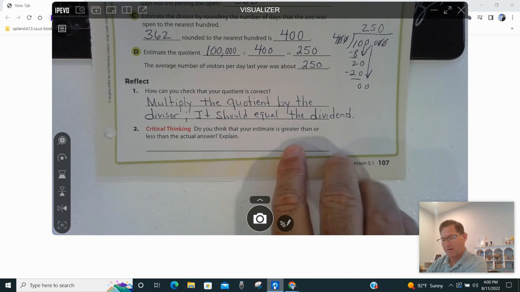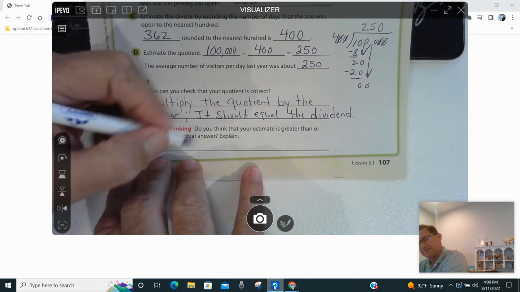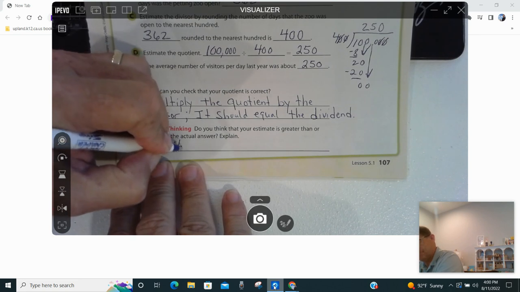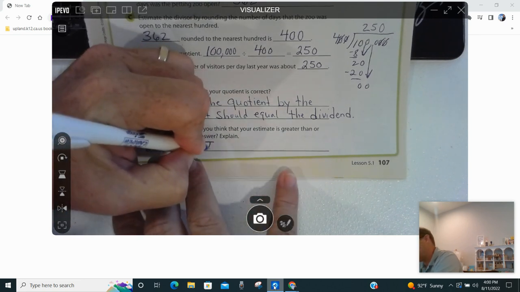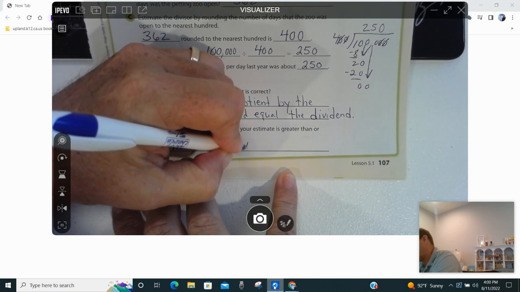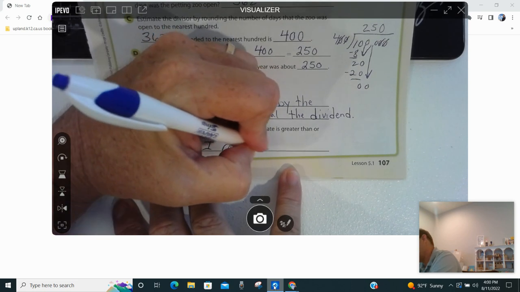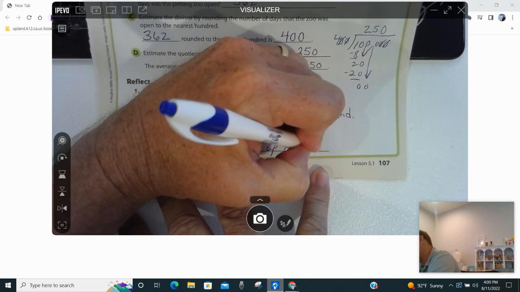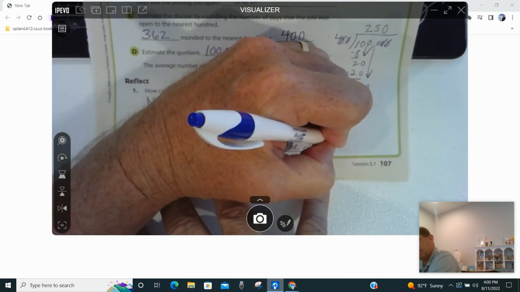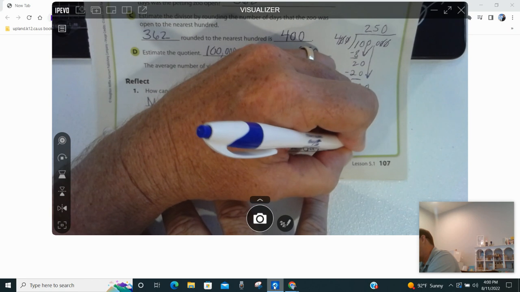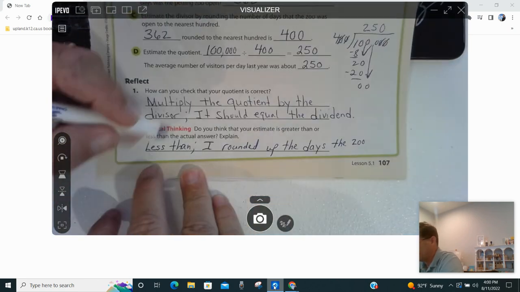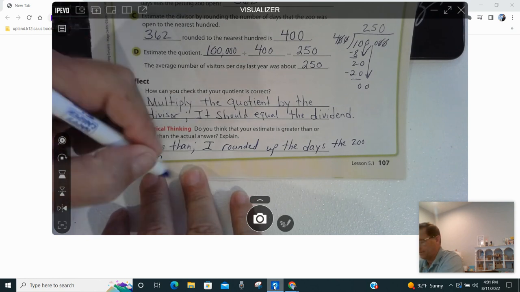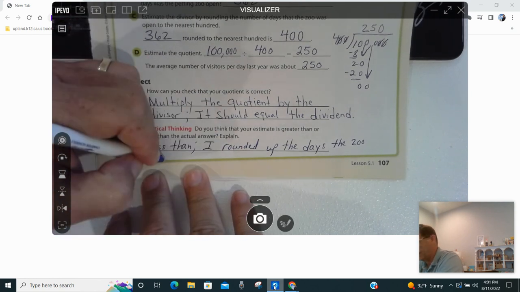So I think our answer will be less than that. So rounding up the days the zoo was open increased the number of days that it was actually open.